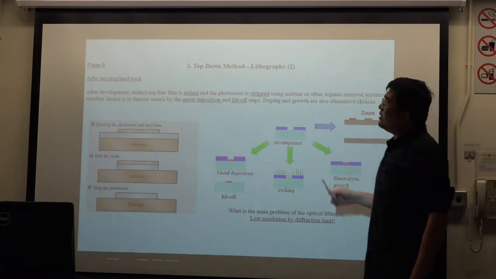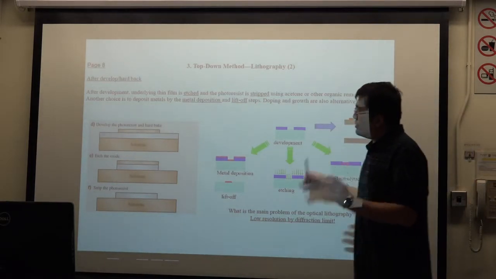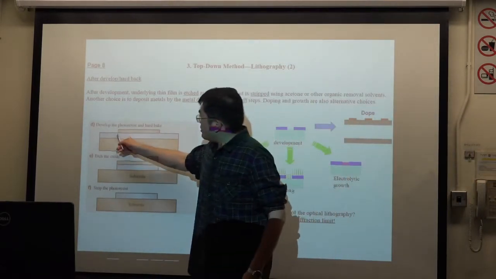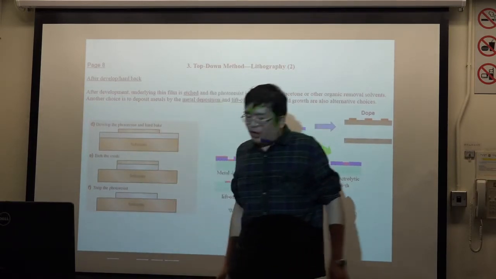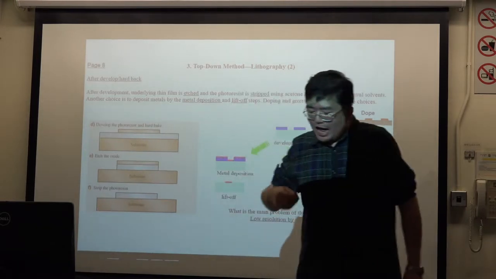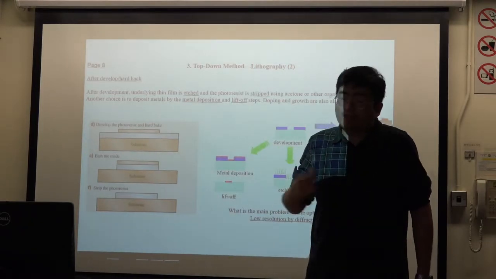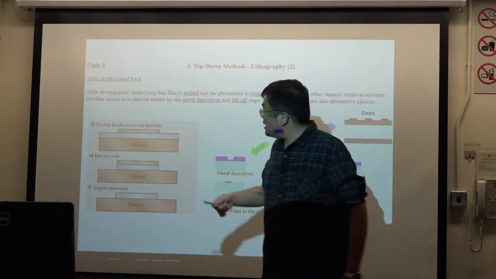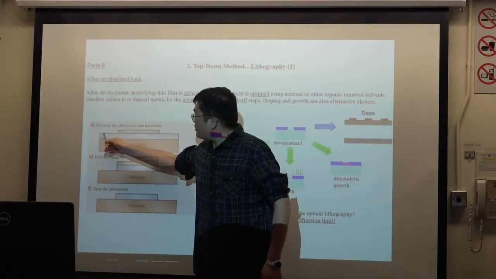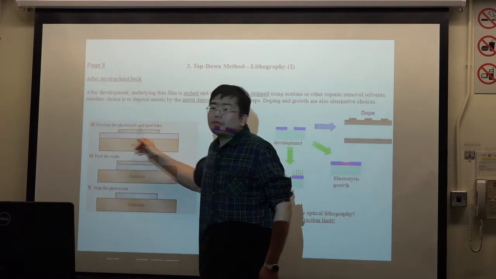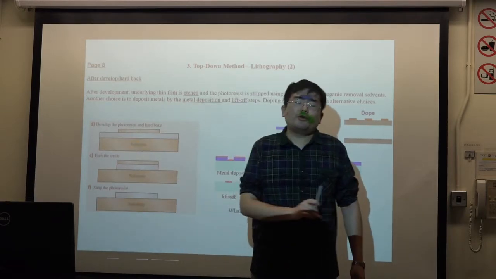The common choice is to etch the oxide. Why can they etch the oxide? Because some etching agents can selectively etch. It means they only etch this oxide but do not etch the mask, so you must select the material very carefully.